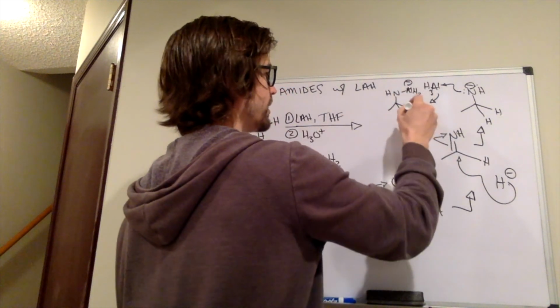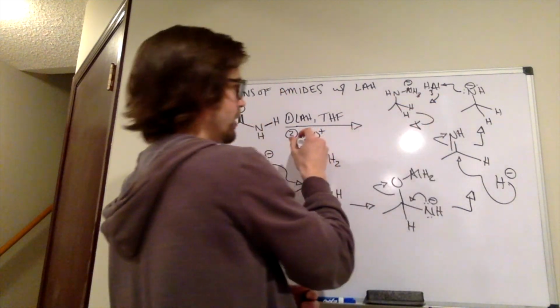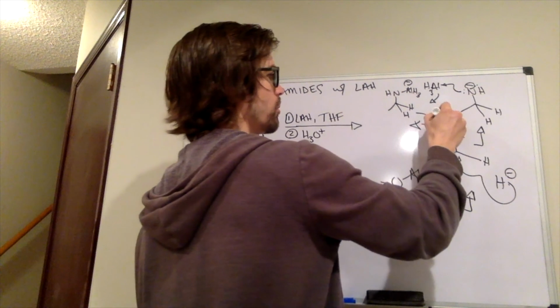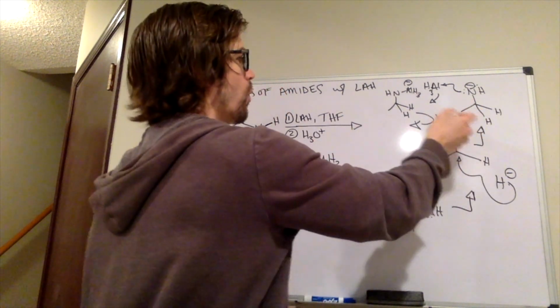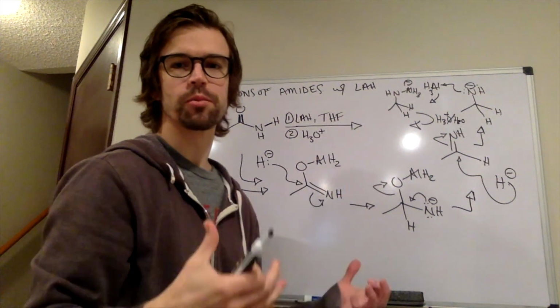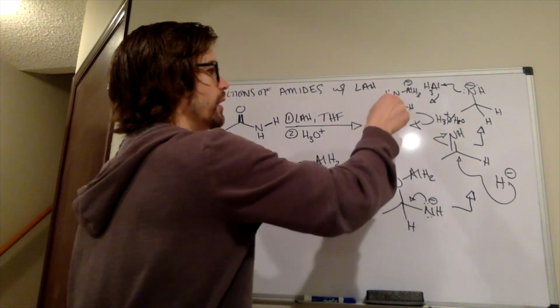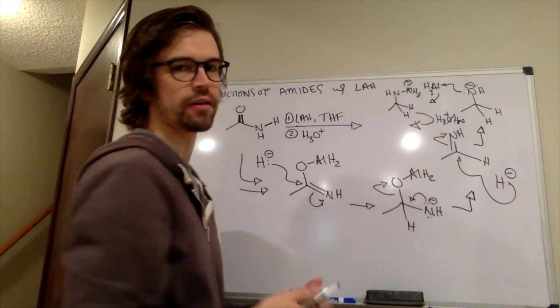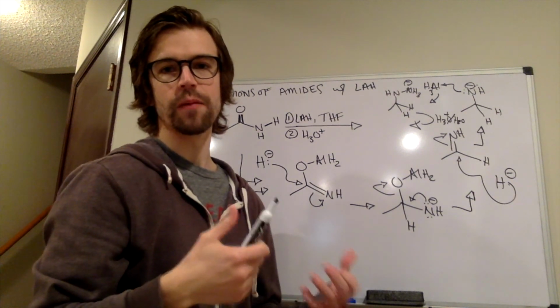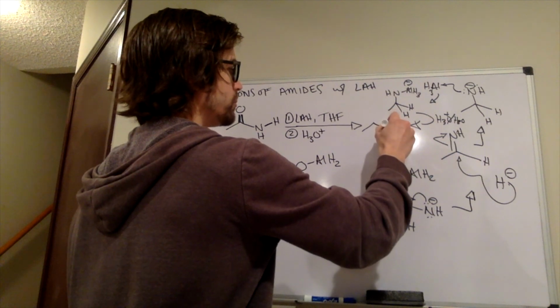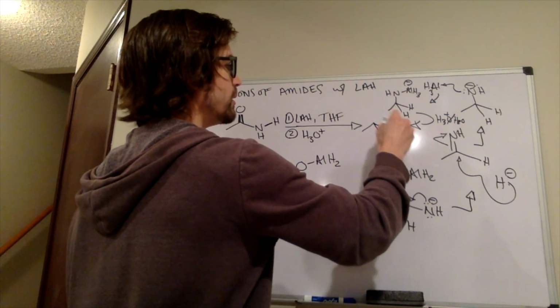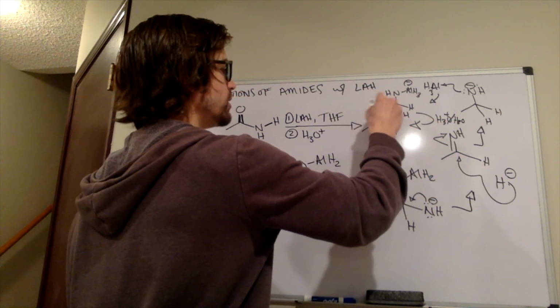And then essentially when we add our second step, when we add our H3O plus and water, the water is going to be adding to that aluminum. It's going to break up that bond, and the nitrogen will then protonate from the H3O plus to generate an amine, so an NH2.